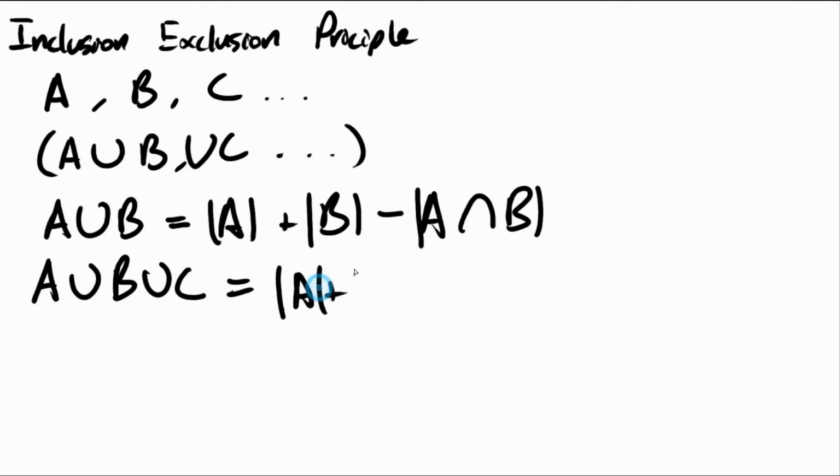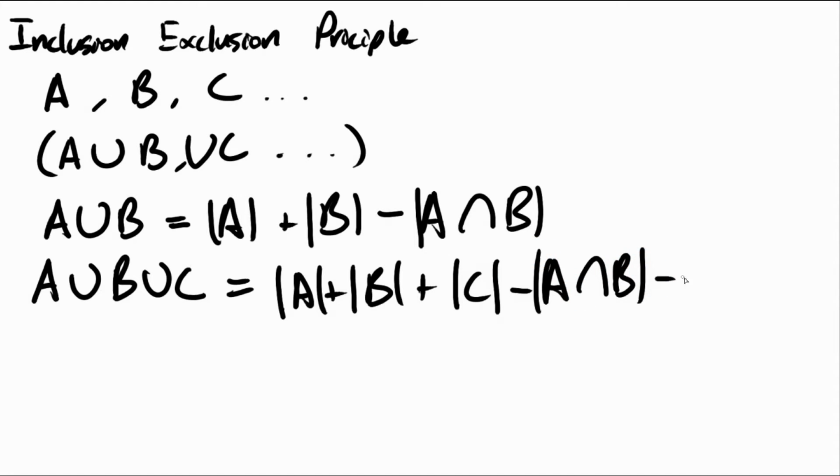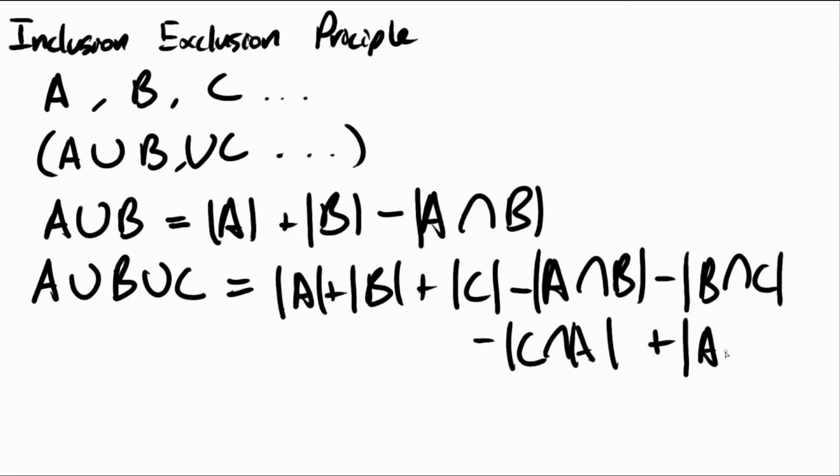So A plus B plus C minus A intersection with B minus B intersection with C minus C intersection with A plus A intersection with B intersection with C. If you look at this, it's a bit less intuitive, but if you count A, B, and C, the intersection between A and B was counted twice, the intersection between B and C was counted twice, the intersection of C and A was counted twice, so you subtract each of these.